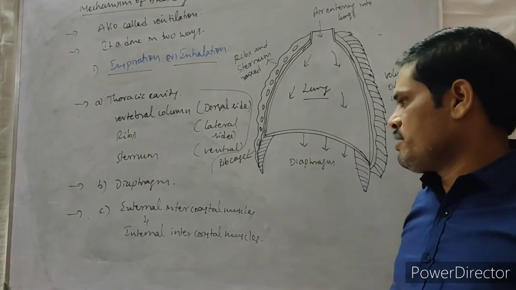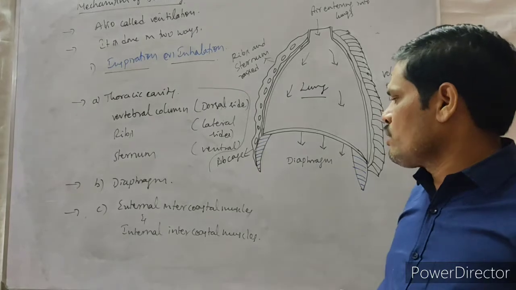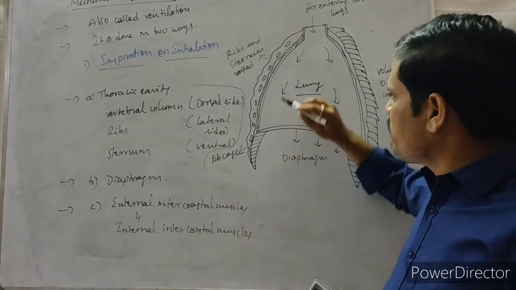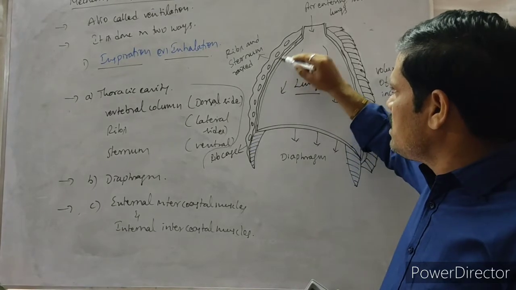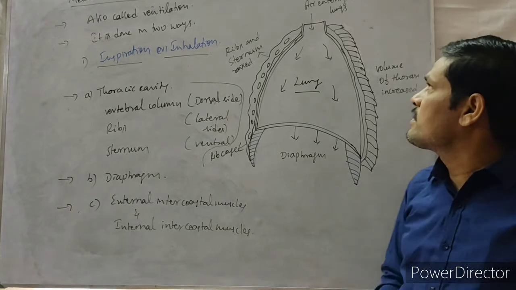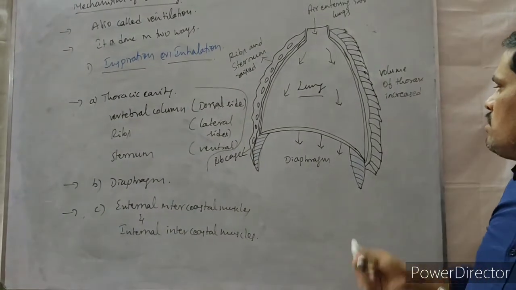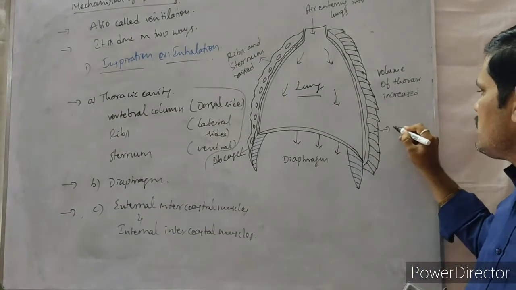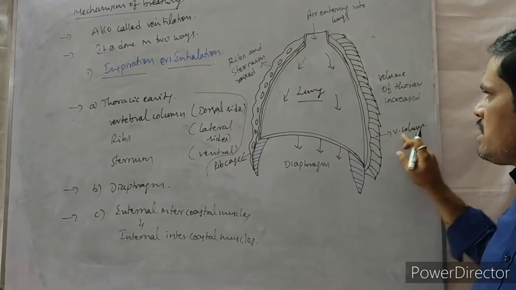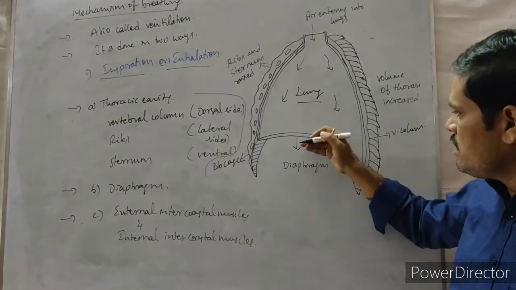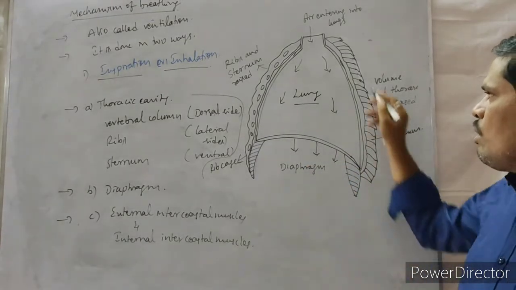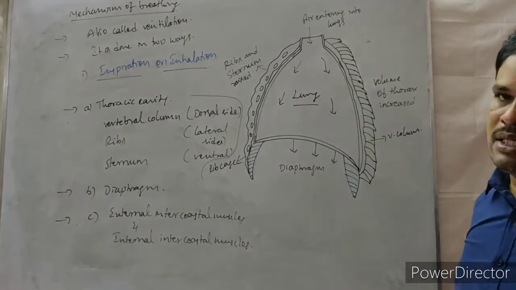External and internal intercostal muscles are both present in between the ribs only. Now this is the vertebral column. It is the dorsal side, this is the ventral side, this is the posterior part, and the diaphragm is there. All these are surrounded by the lungs.